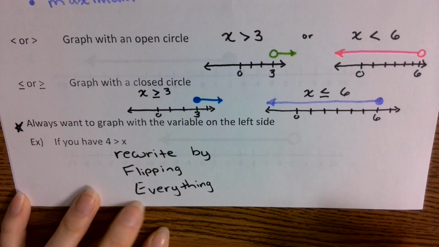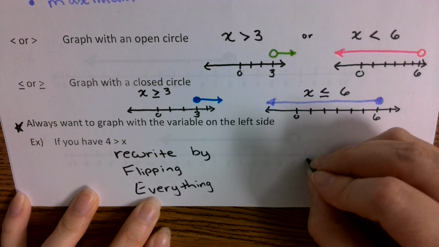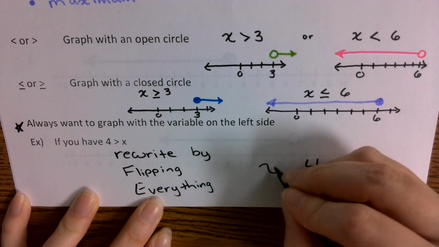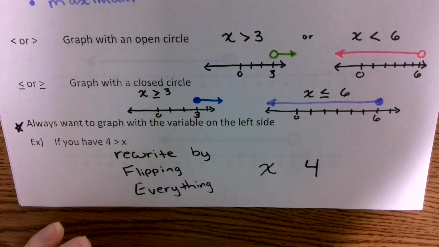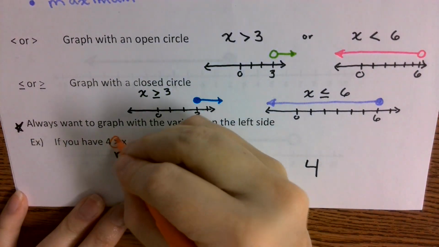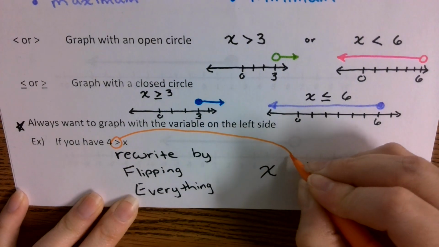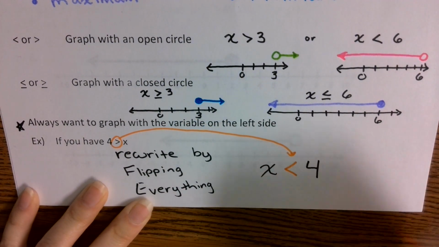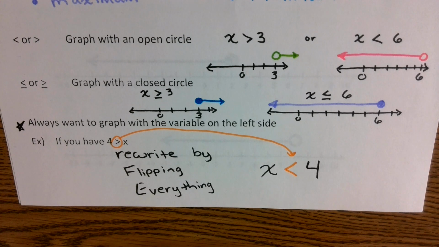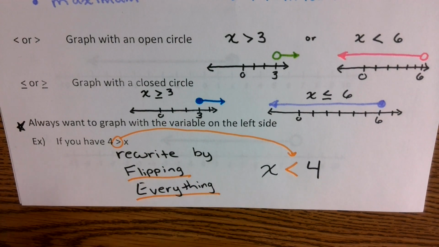Okay? So not only is the 4 going to go on the right side and the x is going to go on the left side, but my inequality, I'm going to circle this inequality, it's going to flip as well. So it becomes a less than symbol. You flip everything.